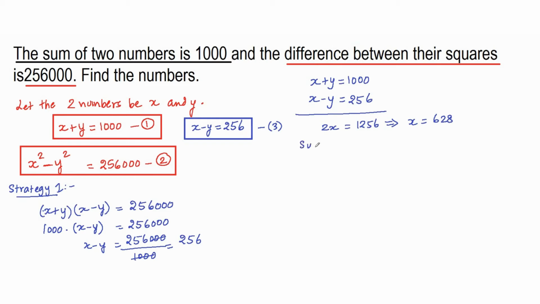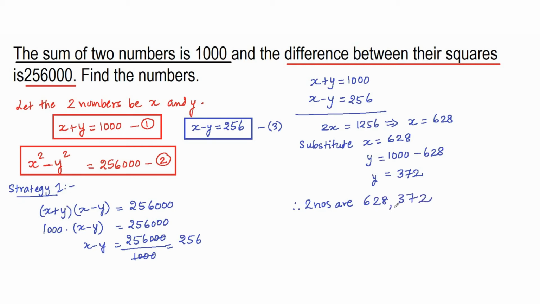And then if I substitute x as 628, I get y is equal to 1000 minus 628, which is equal to 372. So this is how I can solve for the numbers x and y. Therefore, the two numbers are 628 and 372.